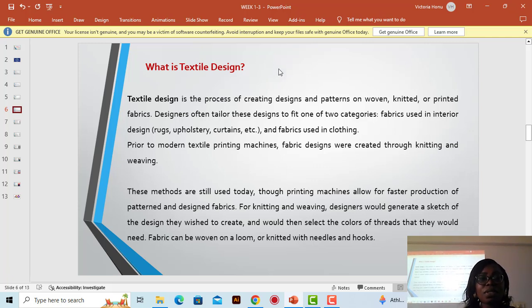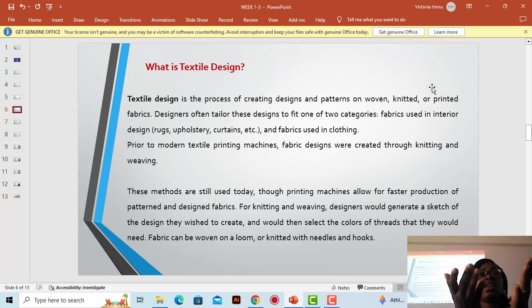Yes. So, textile design is a process of creating designs and patterns on woven, knitted, or printed fabrics. This means that a fabric is either woven, knitted, or printed.